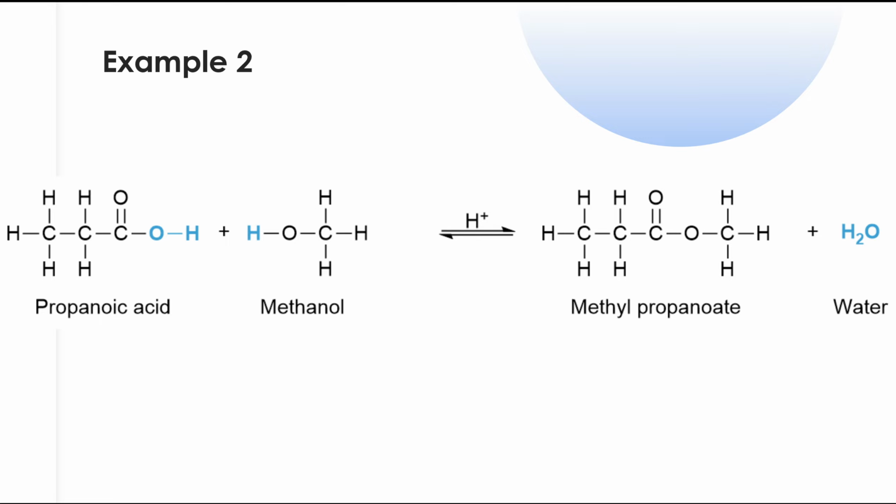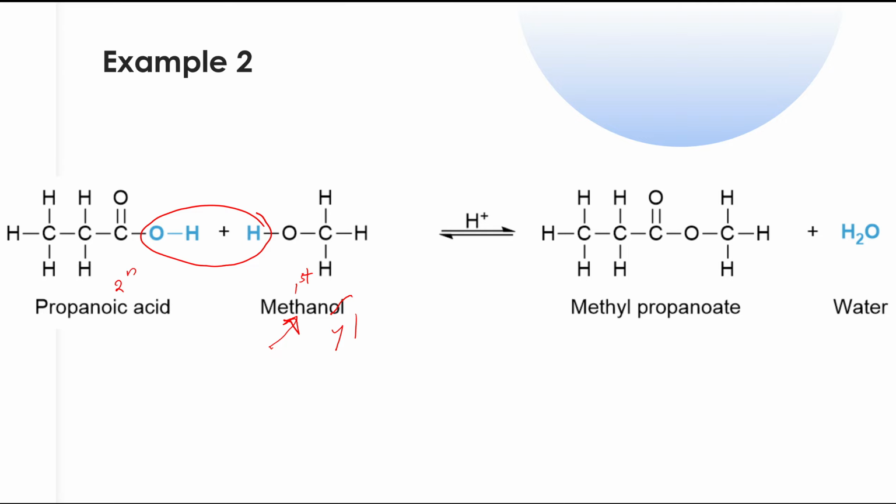Now let us look at this one. Propanoic acid reacting with methanol. So I'll remove the water and I will stick the C double bond O to the O. How do I come up with the name? I write the alcohol name first, ending instead of "-ol", I will make it "-yl". It will come first.